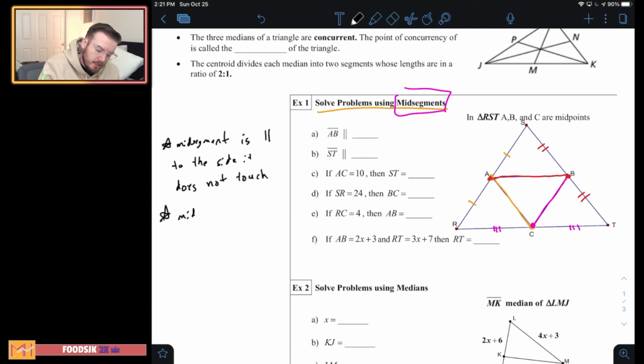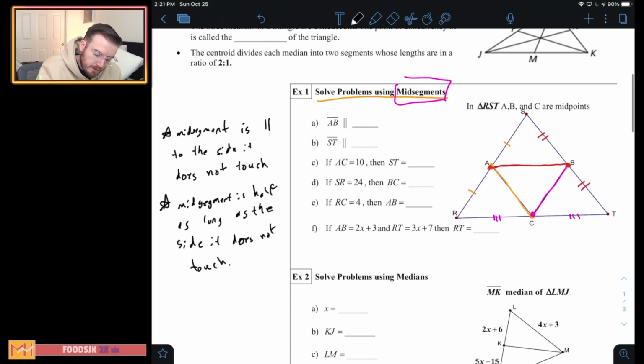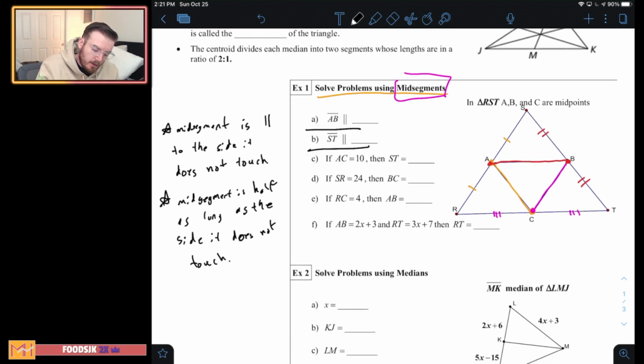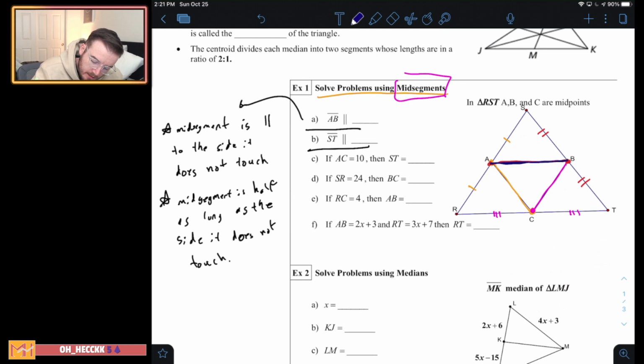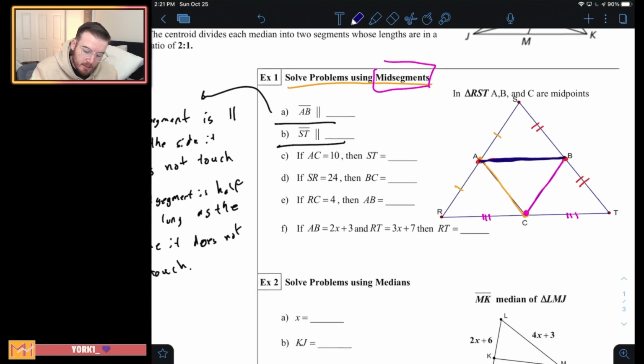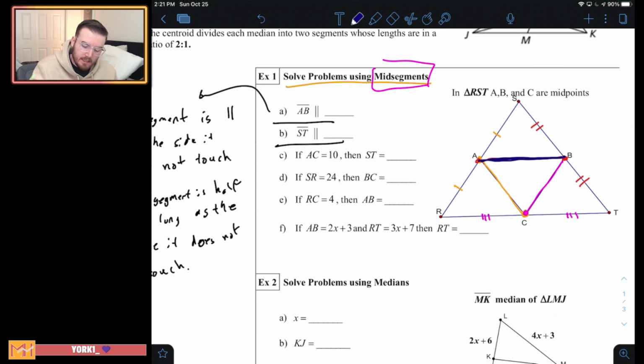The midsegment is half as long as the side it does not touch. Okay? So these first two questions are referencing this fact. So AB is right here. Well, it is parallel to the side it's not touching. It is parallel to RT.